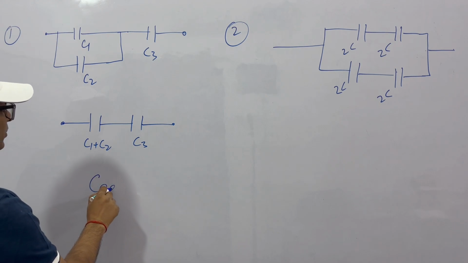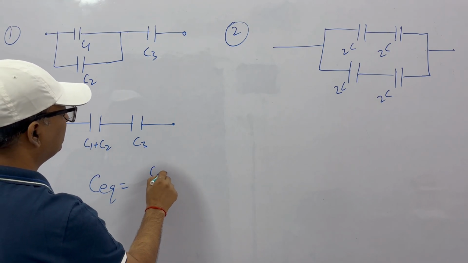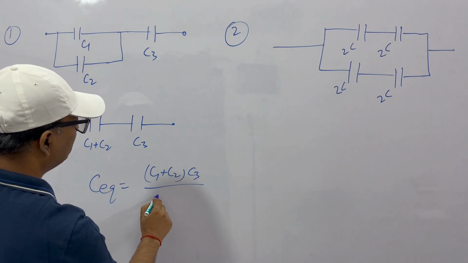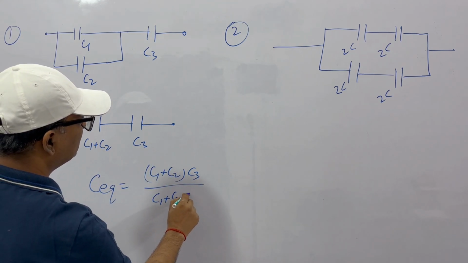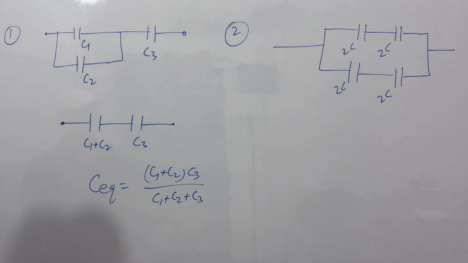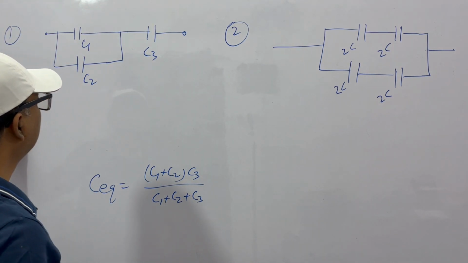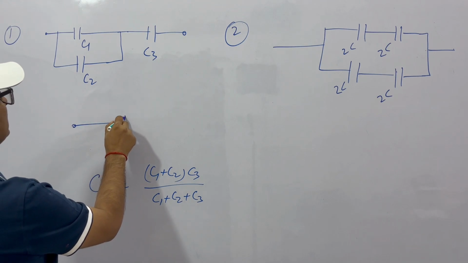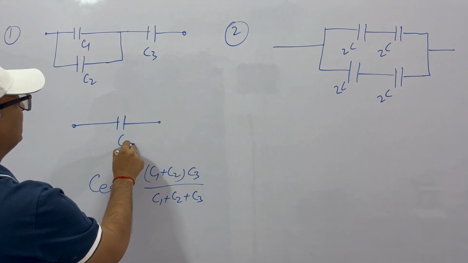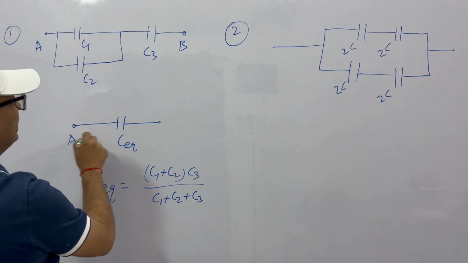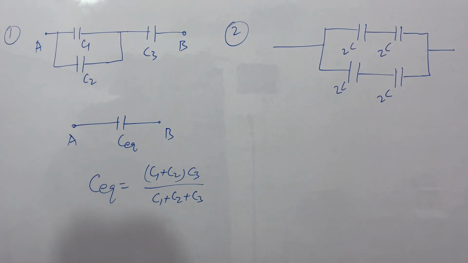So the equivalent capacitance will be C1 plus C2 into C3 by adding the two, that is this. Okay. So this whole combination of capacitors can be replaced by a single capacitor, which is this C equivalent. If this was A and B, this is A, B. This is the meaning. Okay.